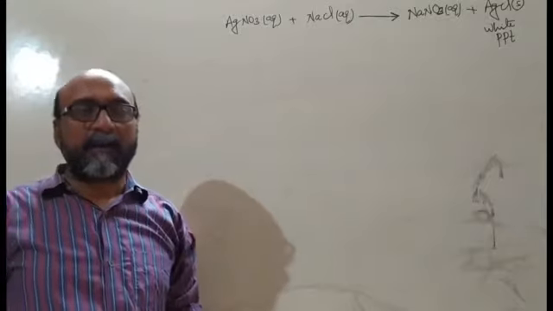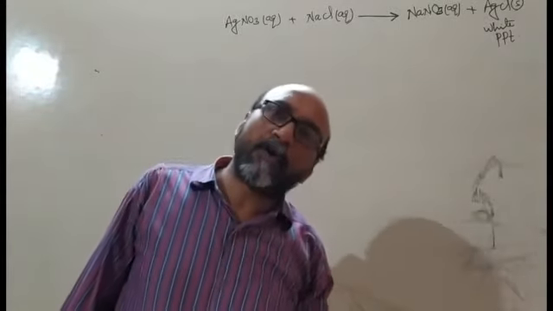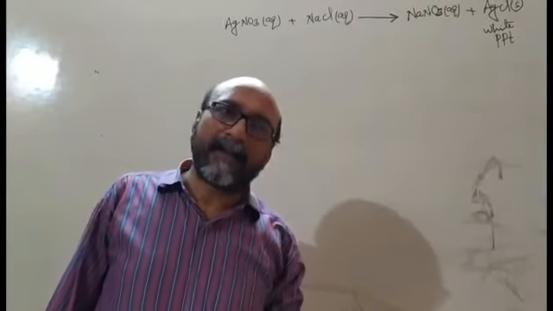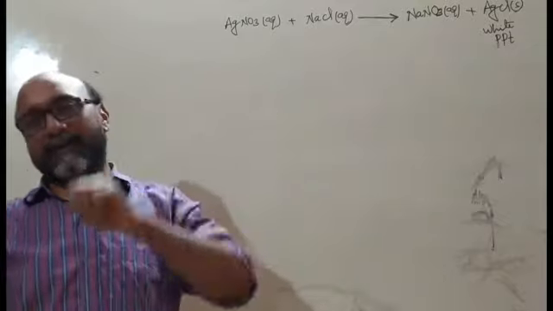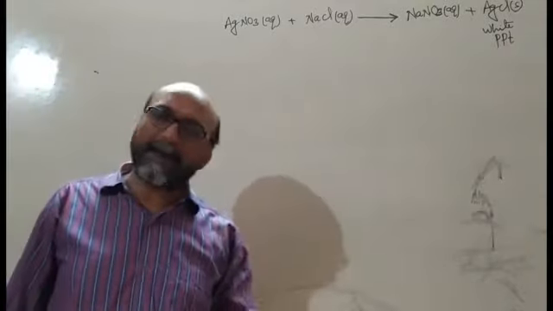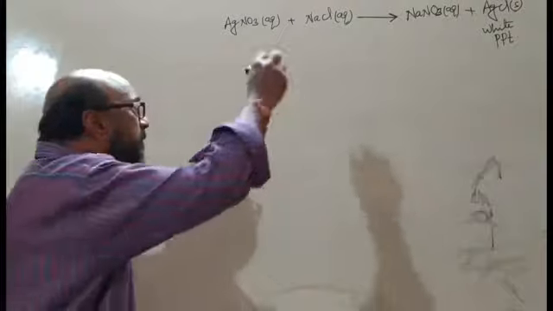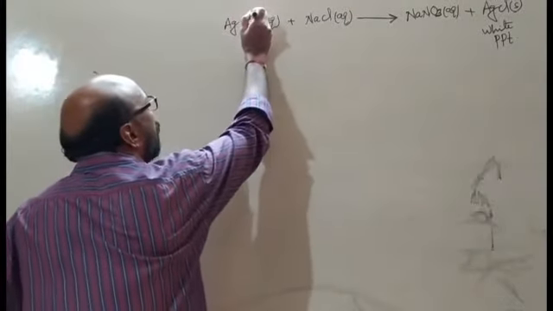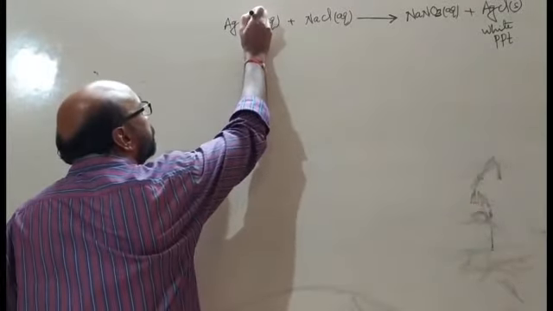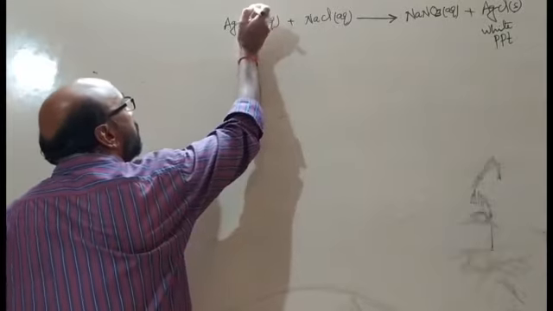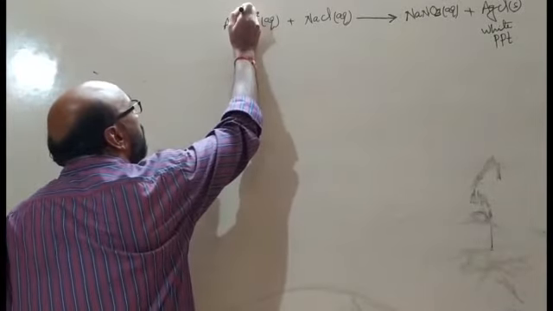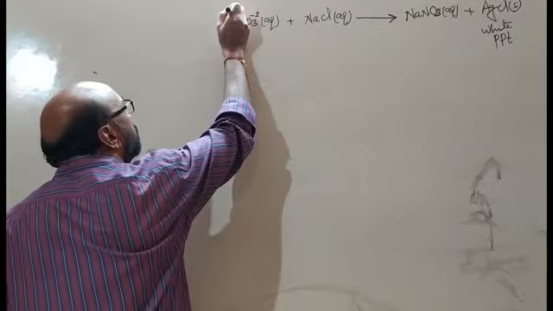is a redox reaction or a non-redox reaction. For that, again we need to decide the oxidation state of each element in the given compound, in the reactant and the product.